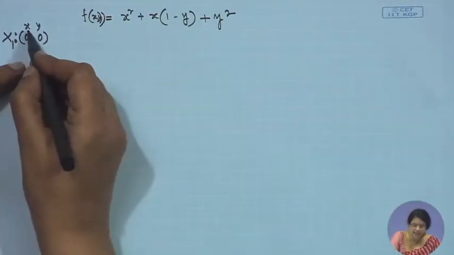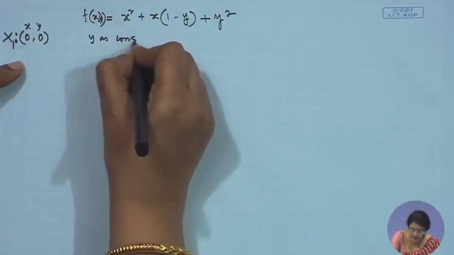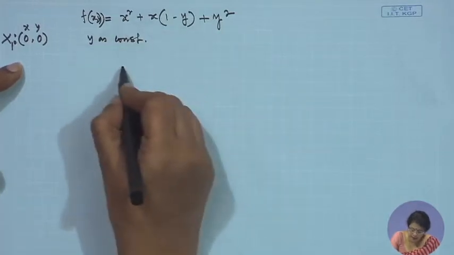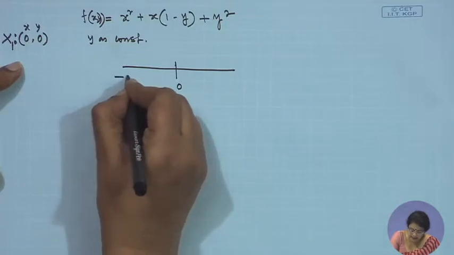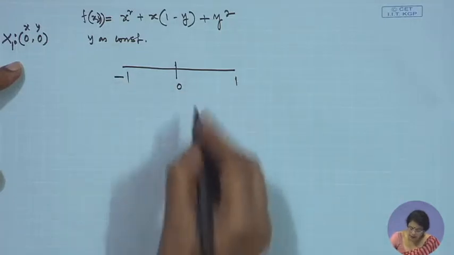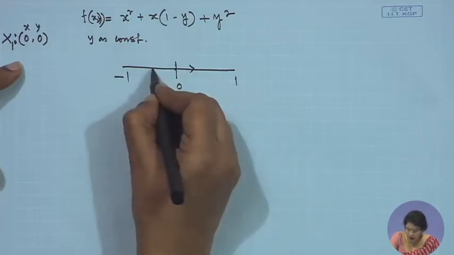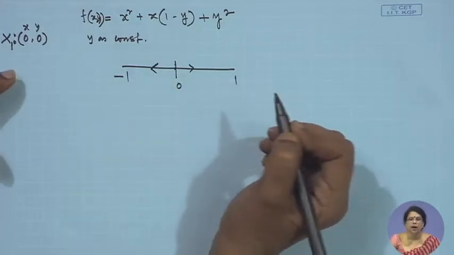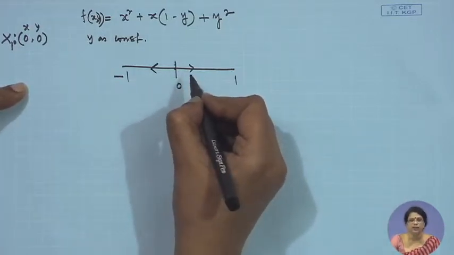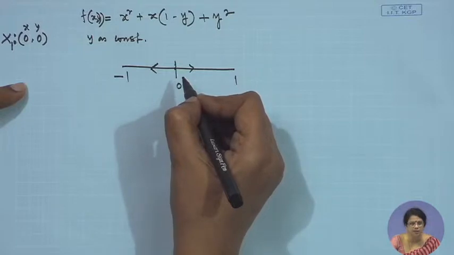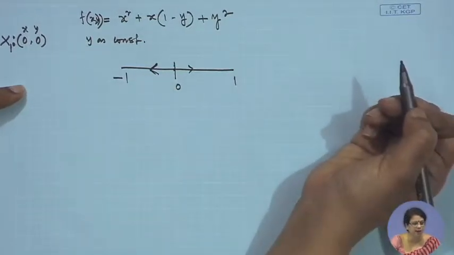If I change x keeping y constant, I am starting from x equal to 0, and I can move this way or that way. I will see if I move this way, whether the functional value is increasing or not, and if I move the other way, whether the functional value is increasing or not. I have to see that one.